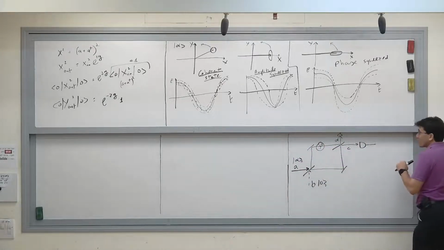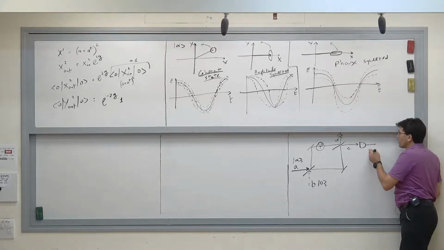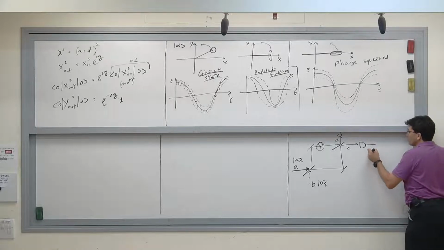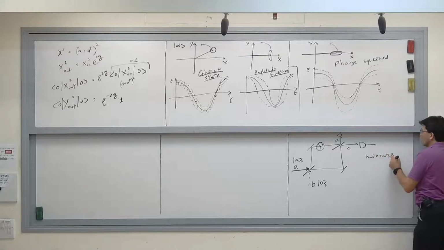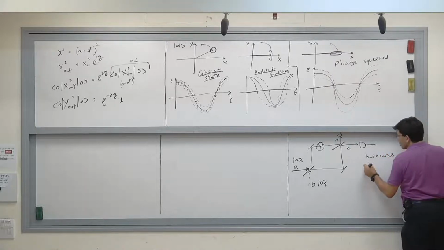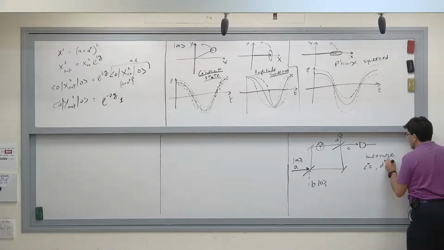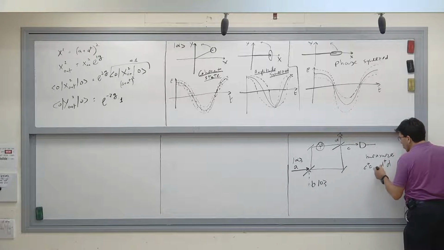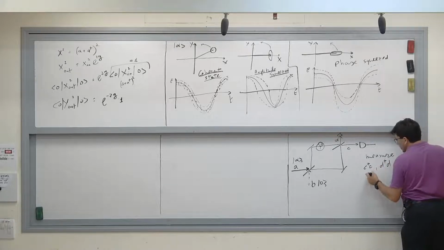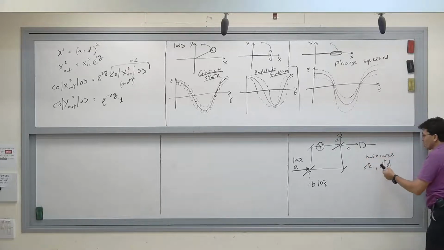Okay. So what we measure is C dagger C, D dagger D, and higher moments, functions and higher moments.